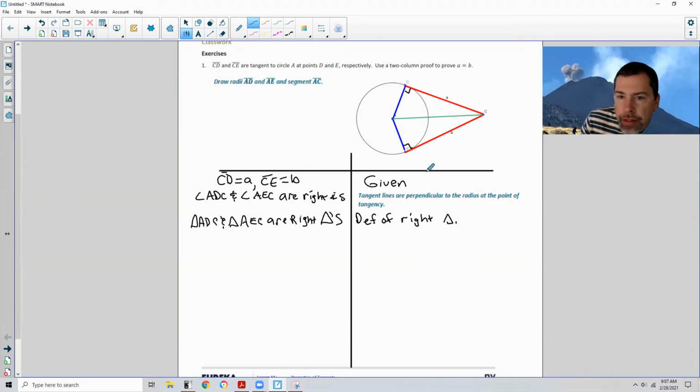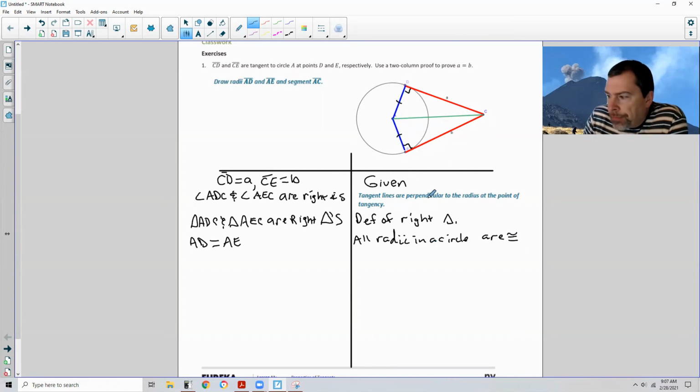Okay, now we're going to say that AD equals AE. All radii in a circle are congruent. So this equals this, and I label my diagram.